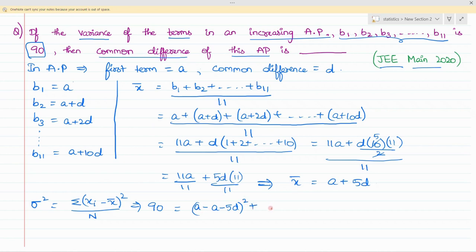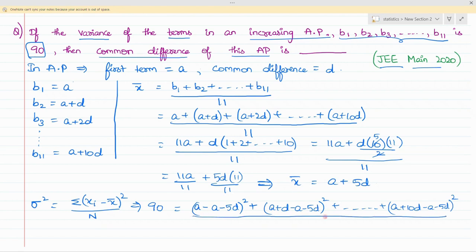Next term is A plus D minus A minus 5D whole square, so on till the last term is A plus 10D minus A minus 5D whole square upon how many observations we have? 11 observations. So if we multiply over here, we'll get 90 into 11.